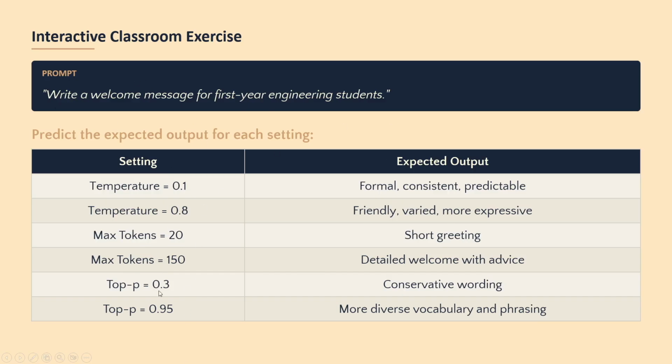So, that would be an exercise for you. If it is 150 tokens, you can see that it would be a detailed welcome for first year engineering students, and with top P as 0.3 and 0.95, you can see what difference it makes, with conservative wording in one case and diverse vocabulary in the other.